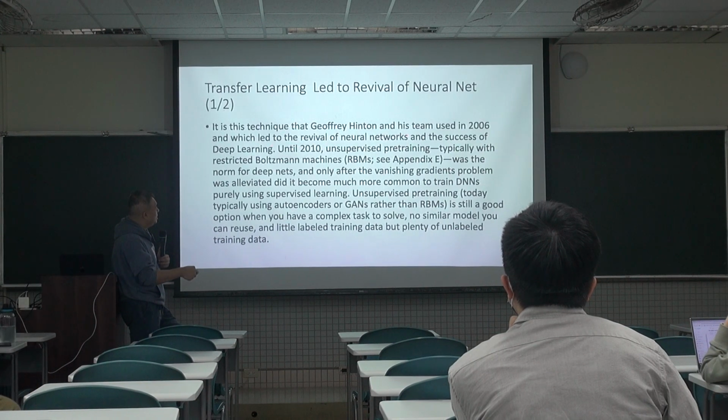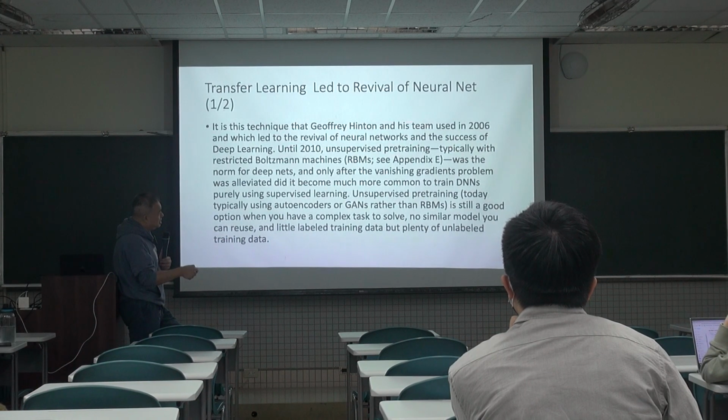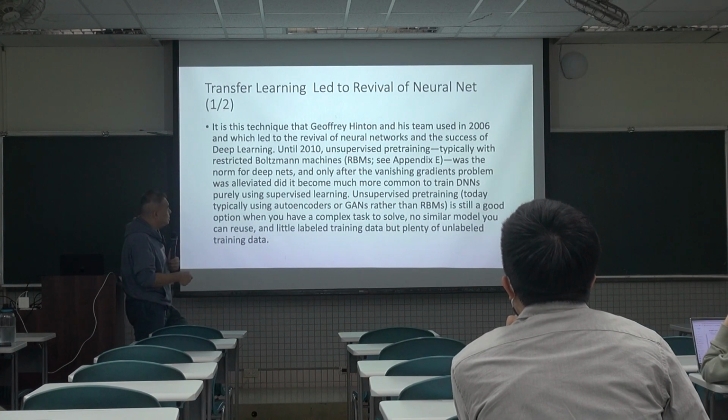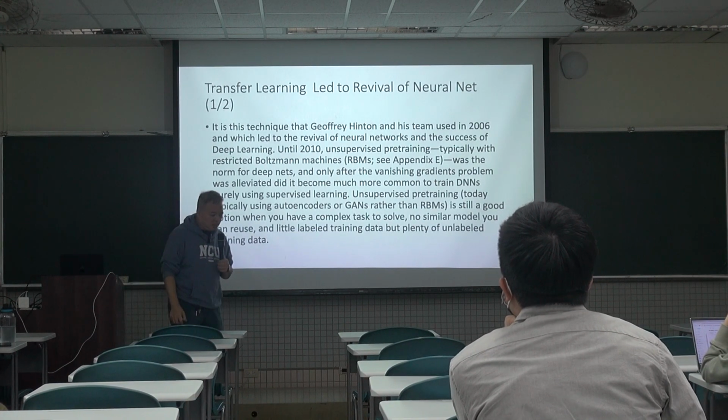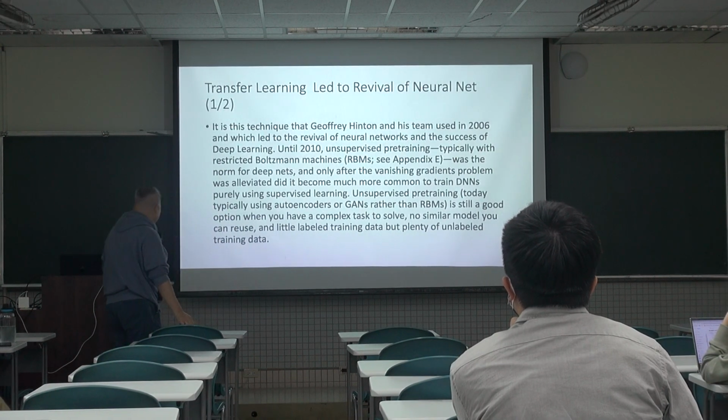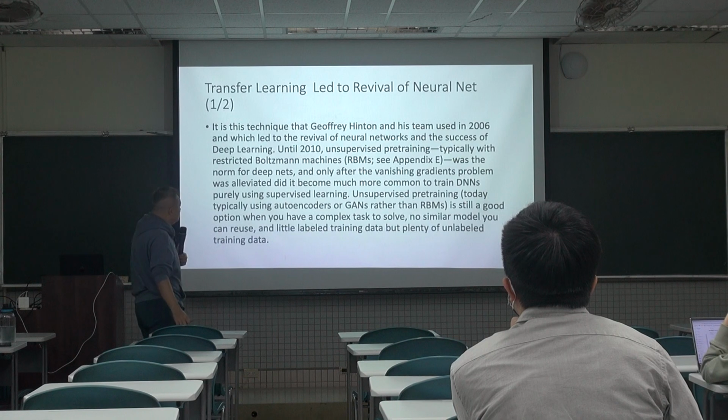At that time, unsupervised pre-training was used, and the model they used is called the restricted Boltzmann machine, which is a special neural network. We are not going to talk about this restricted Boltzmann machine.